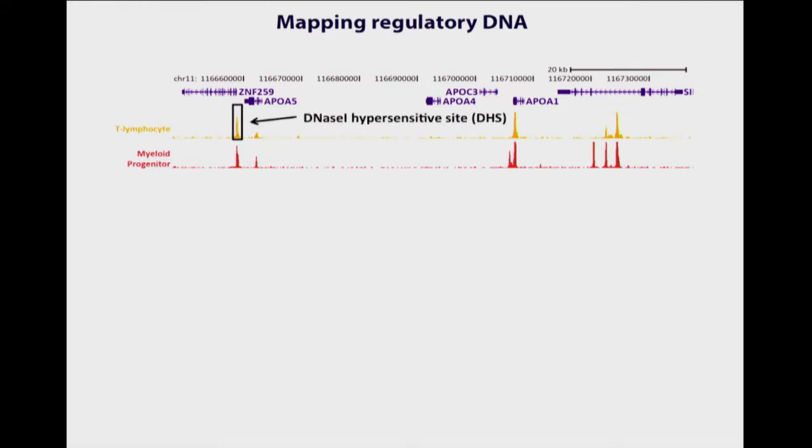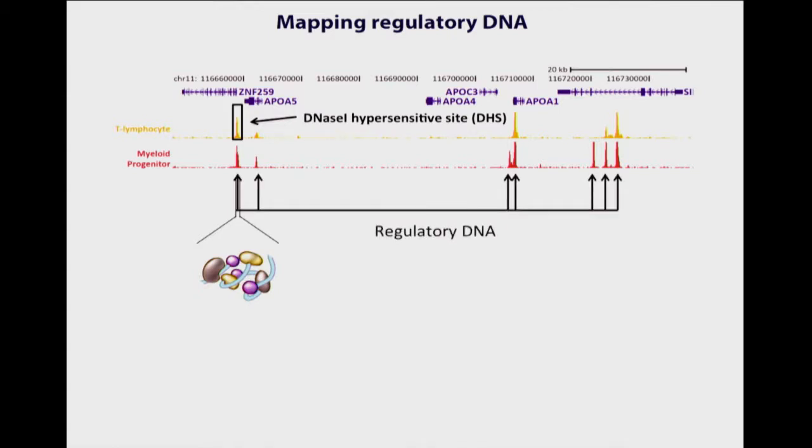Really, the tip of these peaks is where all the action is going to be. On a more generic level, these peaks are marking where the regulatory DNA compartment is, without necessarily telling you anything about what all these elements are doing.